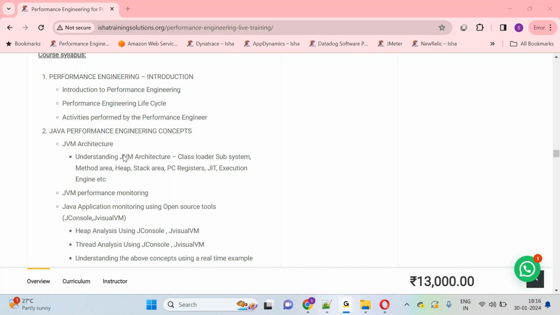It is not going to talk about .NET or Java. So the only place where Java and .NET come in is the application level, and whatever knowledge we gain in the Java learning, similar learning will be there for .NET also. There also garbage collection, heap dump, thread dump, all those things are there. Only the naming conventions would be a little different. Other than that, quite a similar activity you are going to do in .NET as well.